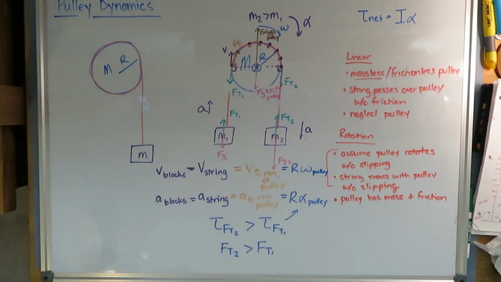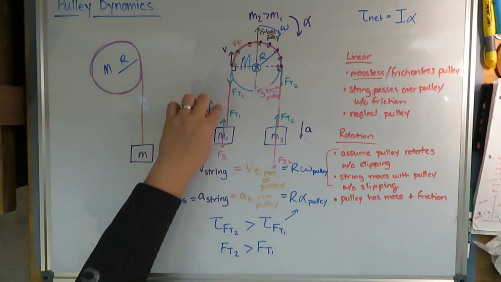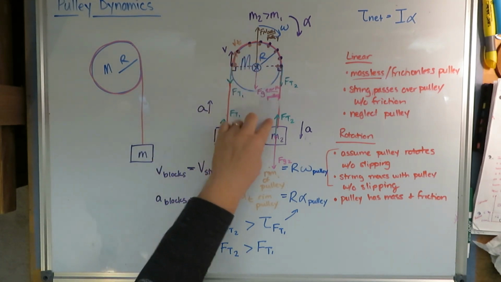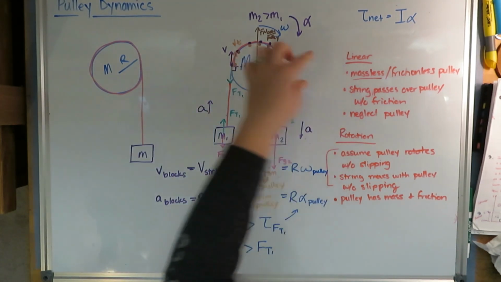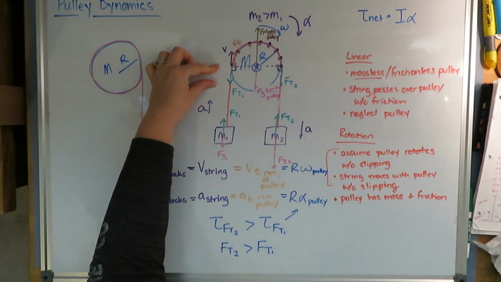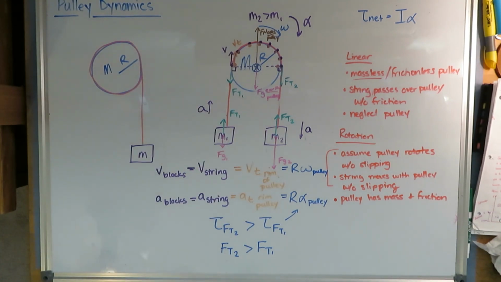But what we do still assume is that the tension in a section of the string is the same. So we assume that everywhere along this string has the same tension, and everywhere along this string has the same tension. But the tension over here is different than the tension over on this side. And that is actually due to the presence of friction, because the friction would be acting in the opposite direction of the motion.